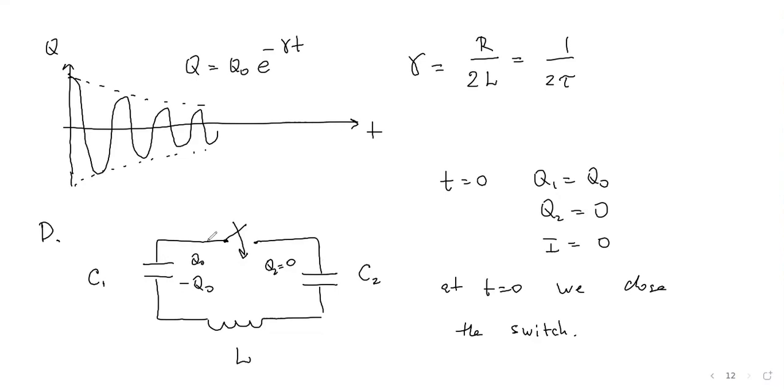So the charge will go one way, another way. So the inductance connected to both capacitors will create a simple harmonic motion type of circuit. But how would you find Q1 as a function of time, Q2 as a function of time? Maybe we can write a couple of equations or laws which can describe this.